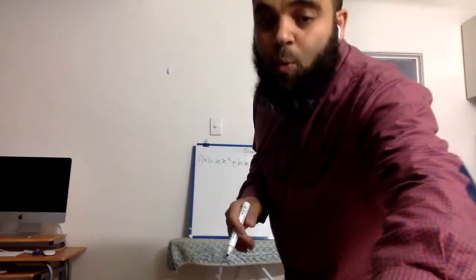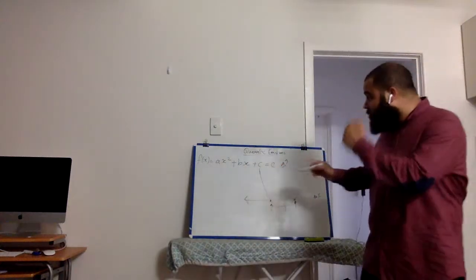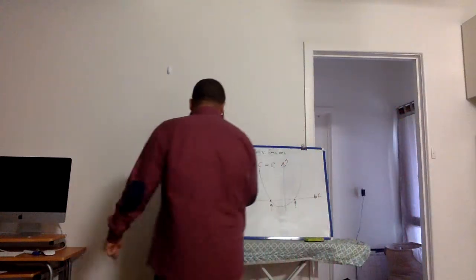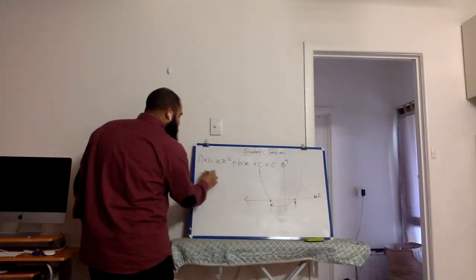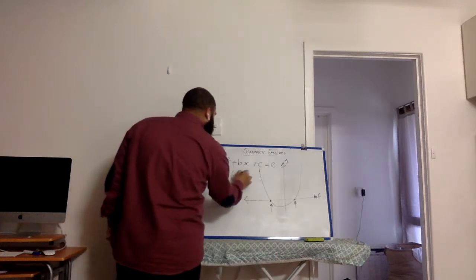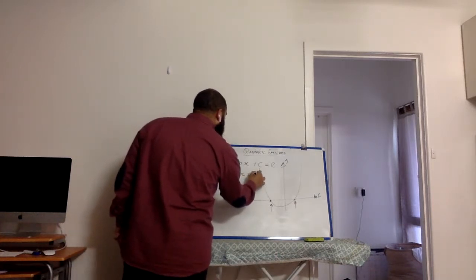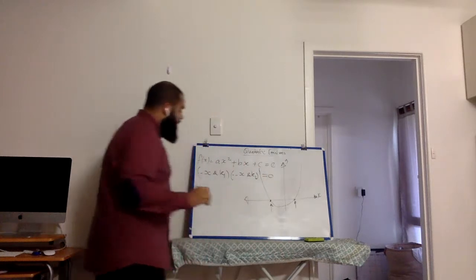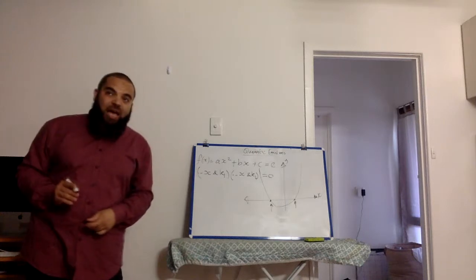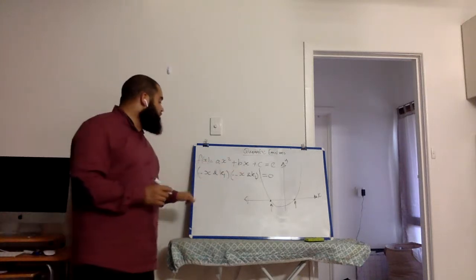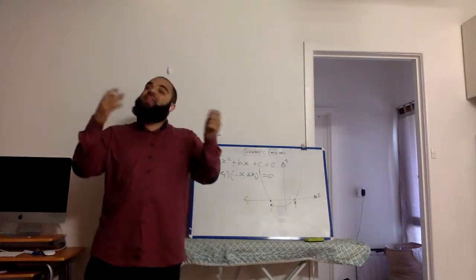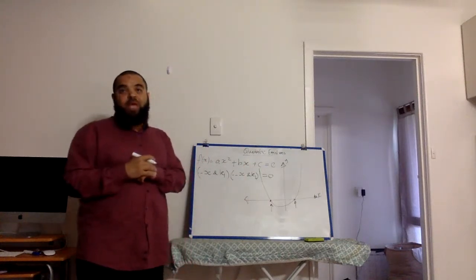Okay, so as we said before, we need to simplify this equation to be something x plus k1 multiplied by something x plus k2 equal to 0. And when two quantities multiplied by each other are equal to 0, either this is equal to 0 or this is equal to 0, and then we can solve the function.